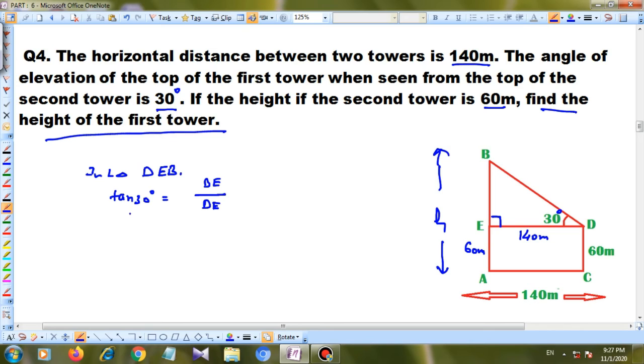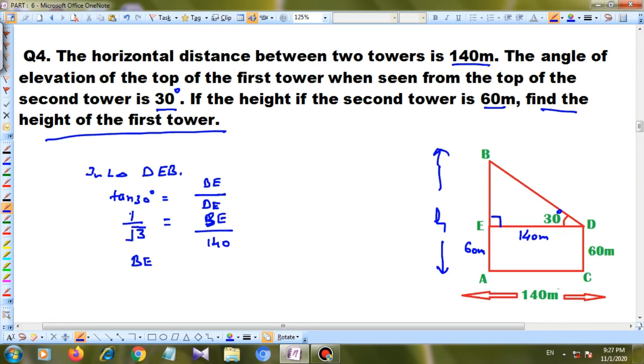And the value of tan 30 is 1 by root 3. BE is not given. So BE upon how much? DE, which is 140 meter.